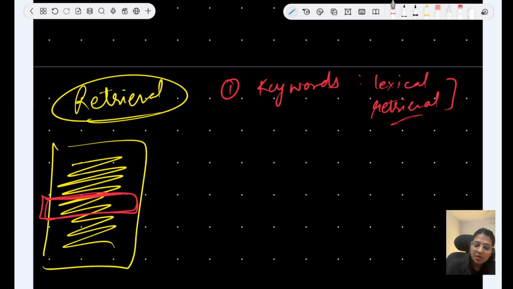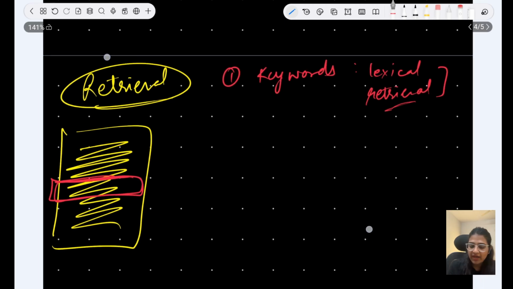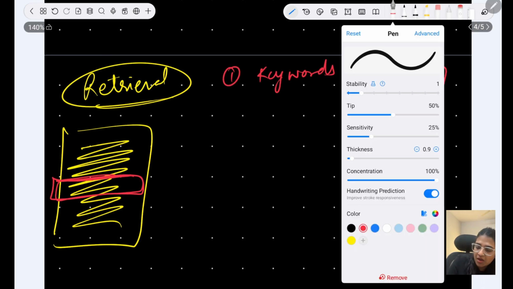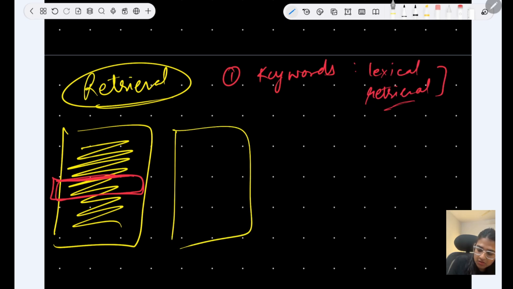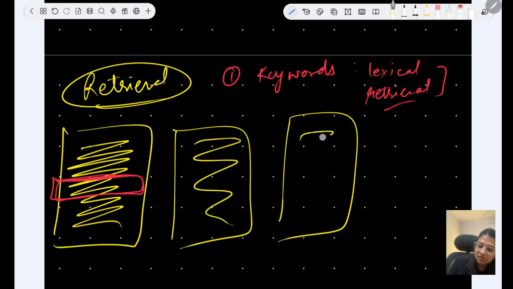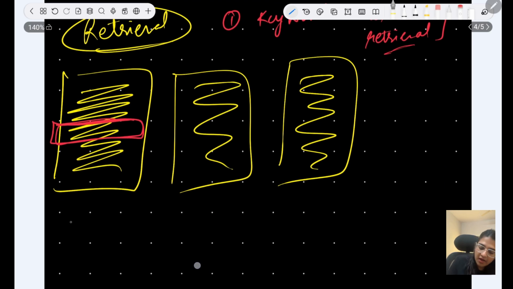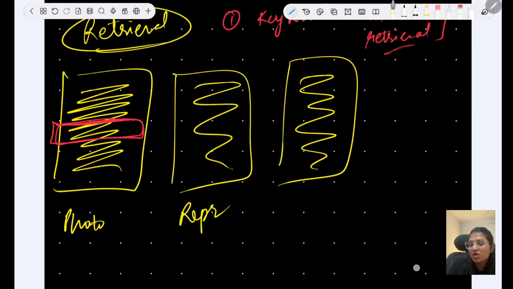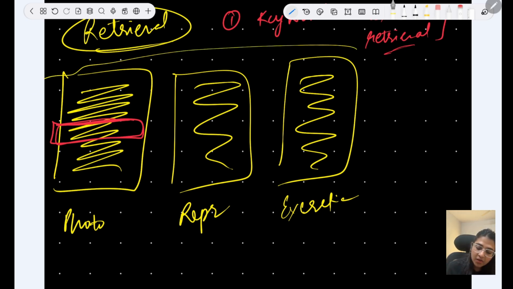Or let's say we have given our RAG system 3 books. One book is entirely on photosynthesis, one book is on plant reproduction, and one book is on plant excretion. And this is my entire knowledge base.